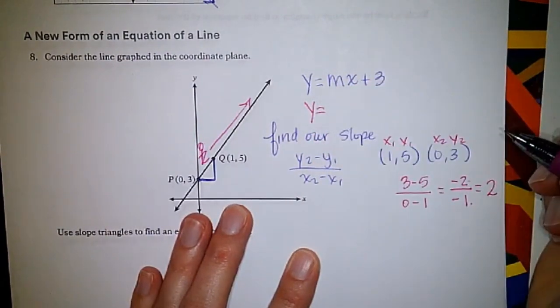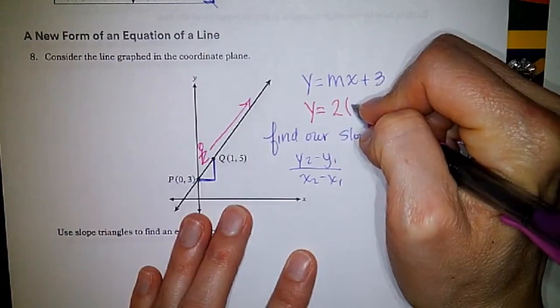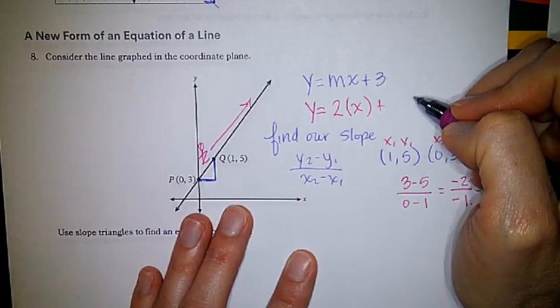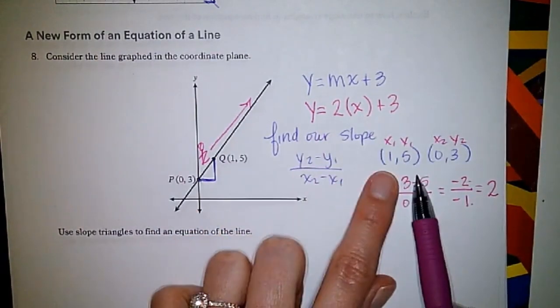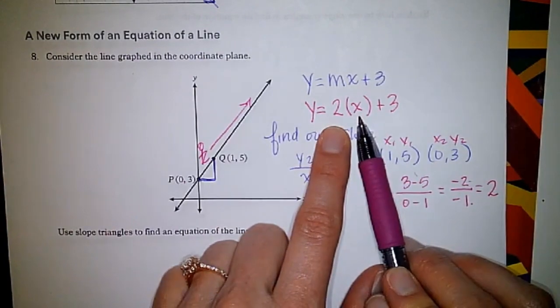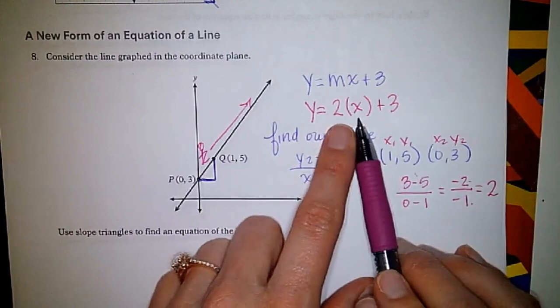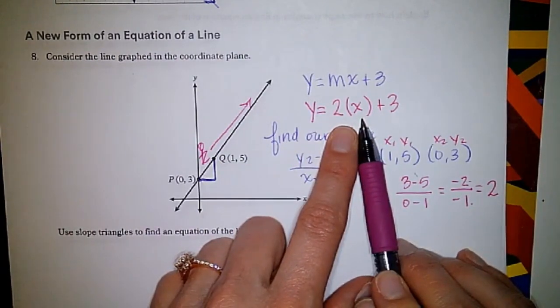X plus what? 3. So if we plug in x here, 2 times 1 is 2, 2 plus 3 is 5. Is that the y value that we get? Then that means it's a coordinate point.